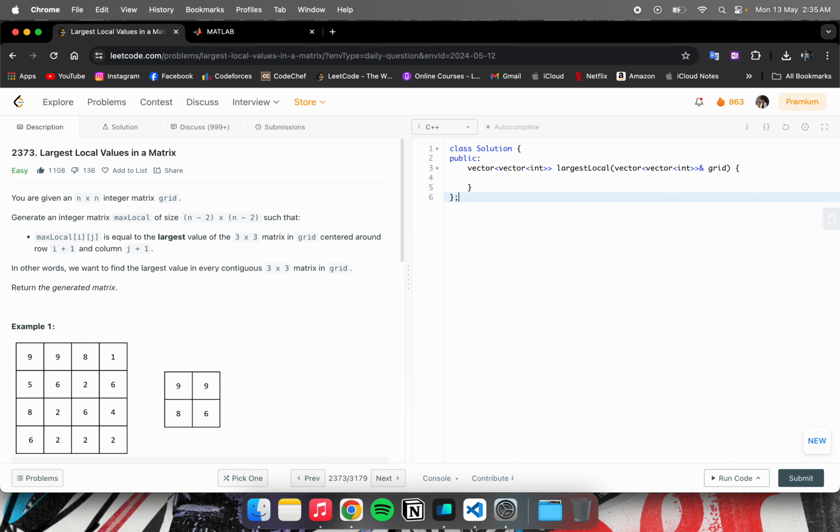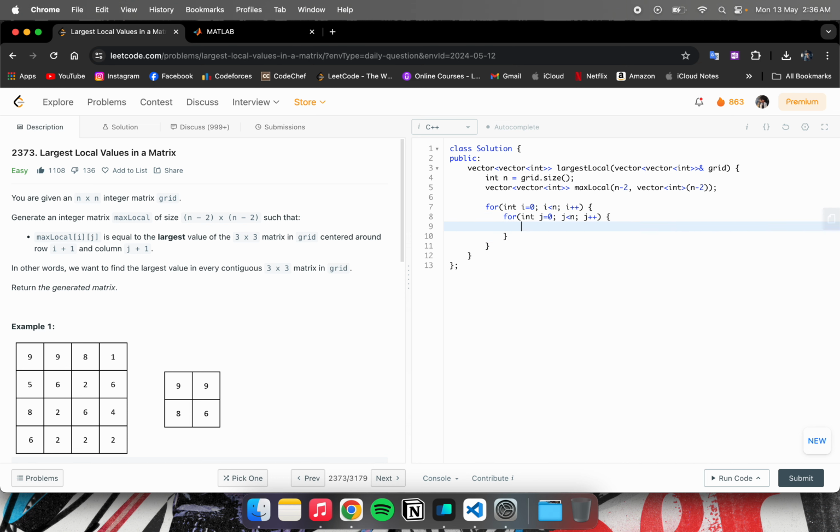So the size of the grid, the n, will be given by grid dot size, and our answer will be called max local, which is an n minus 2 cross n minus 2 2D vector. Then I'll iterate over all the elements in the matrix.